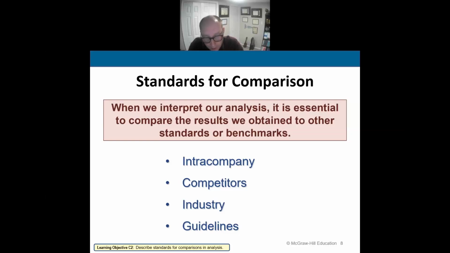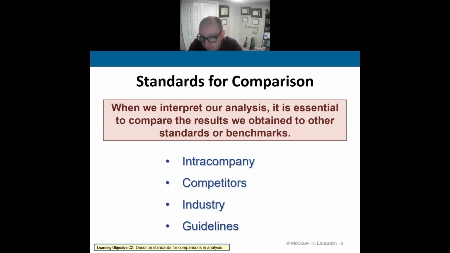Well, I use the methods for analyzing my financial statements and I compare that analysis to the performance of my competitors. In other words, I can look at the changes in the percentages using horizontal analysis, and I can compare that to the changes of percentages among my competitors.